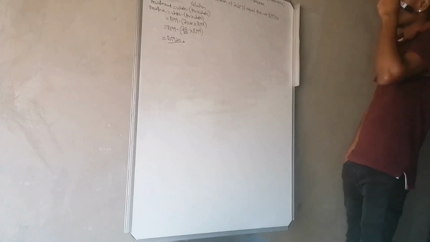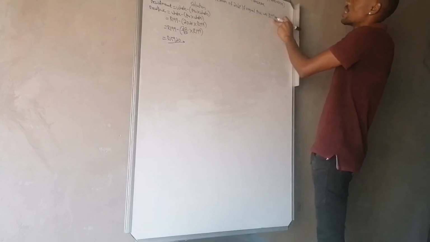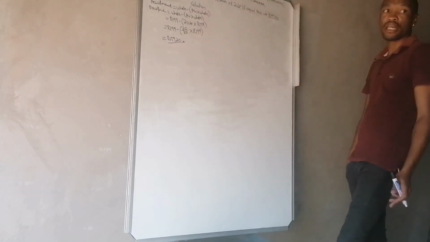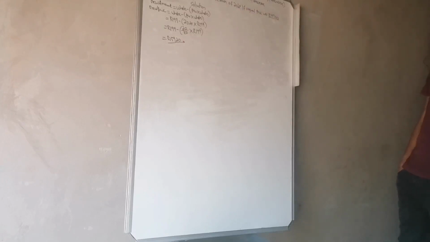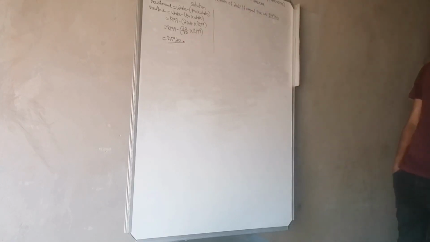So that is the new price. So how can we find the sale price of the jeans, 199 with a 20% markdown? I think 159 rand 20. That is the first method you can use.